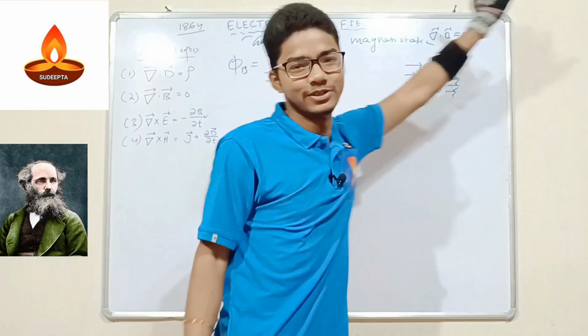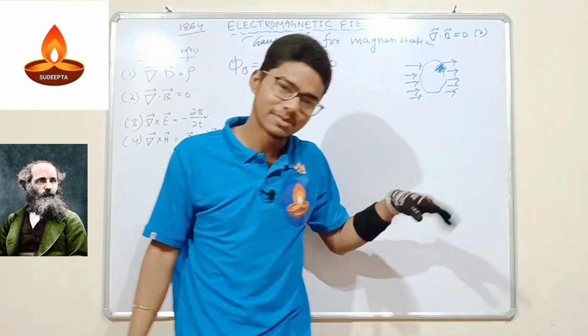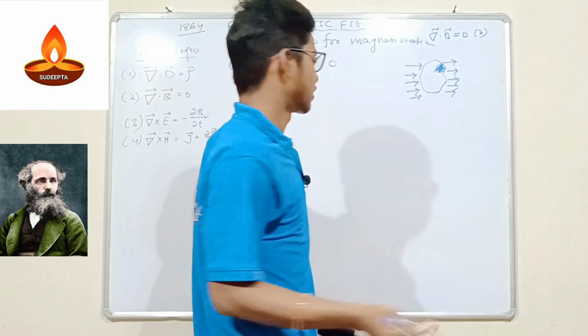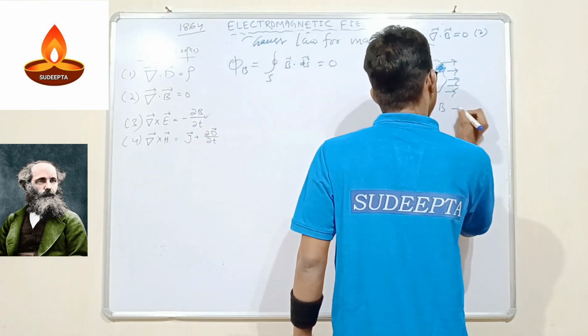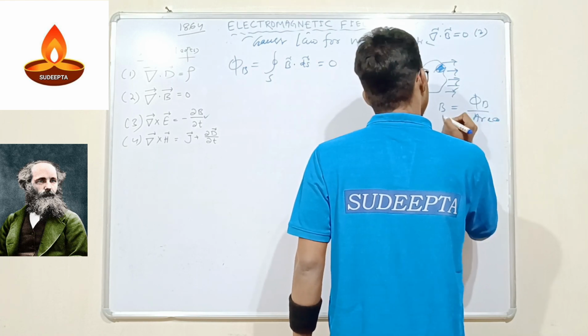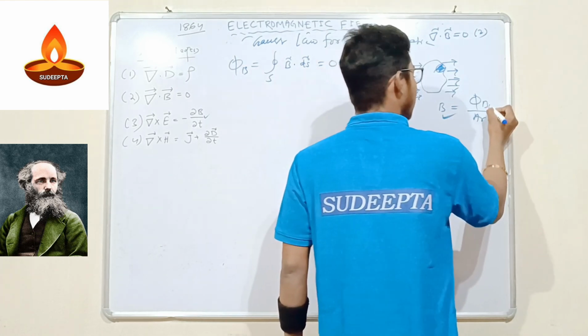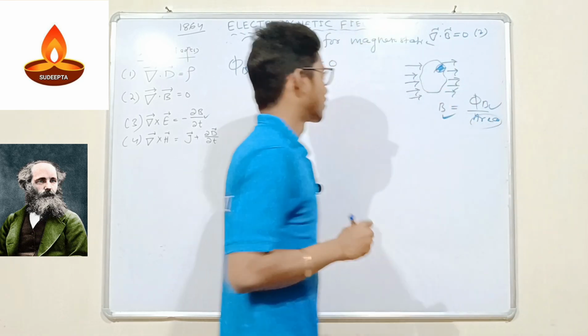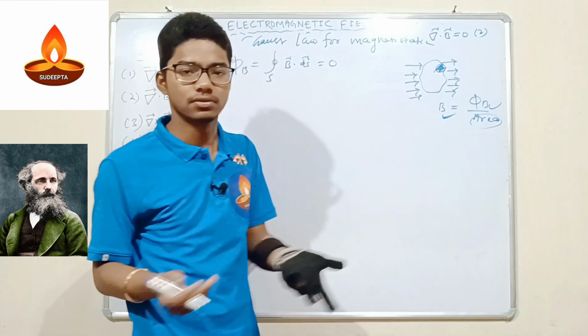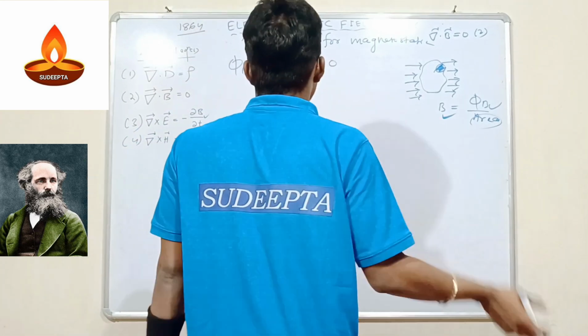So on the right hand side we don't need to worry, because the statement itself says that magnetic flux is always 0. So what is B? B is the magnetic field, and the formula for B is magnetic flux upon area. When the magnetic flux is 0, that means B is also 0. So no need to worry about that.